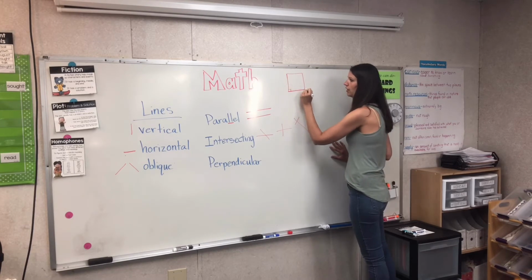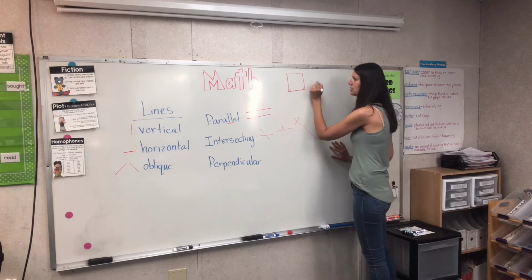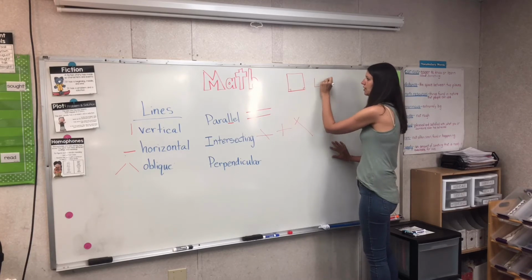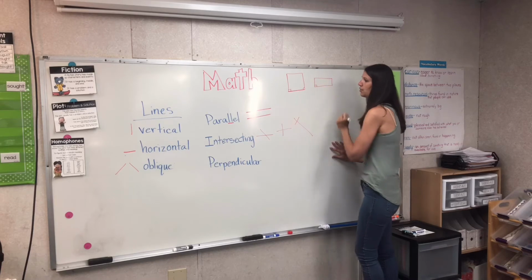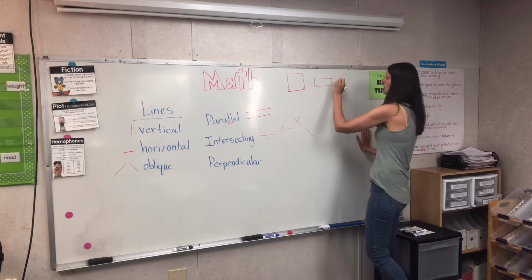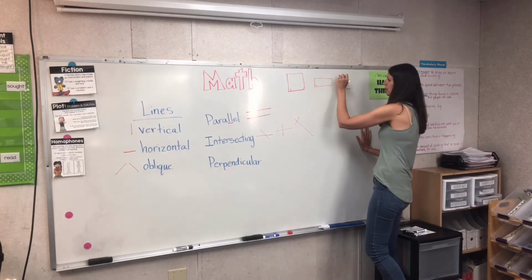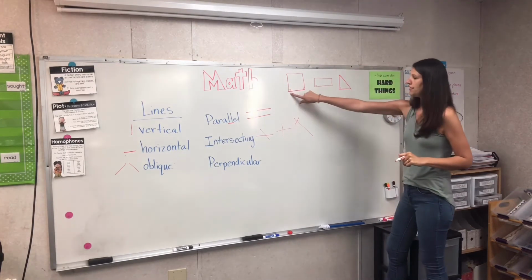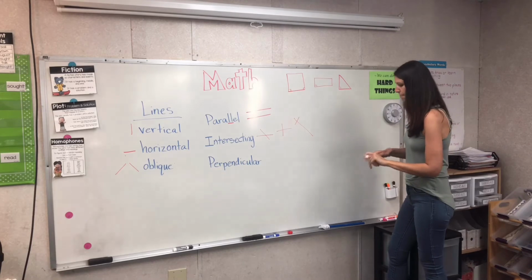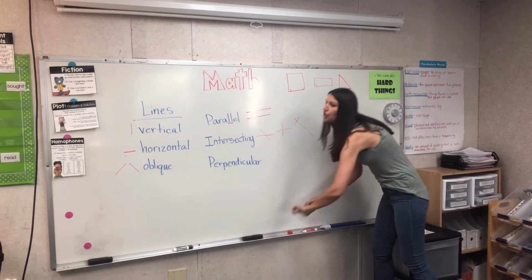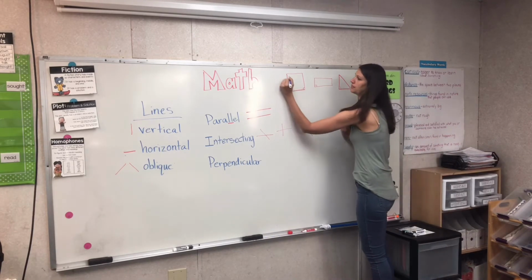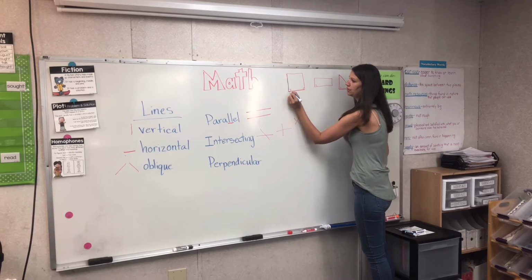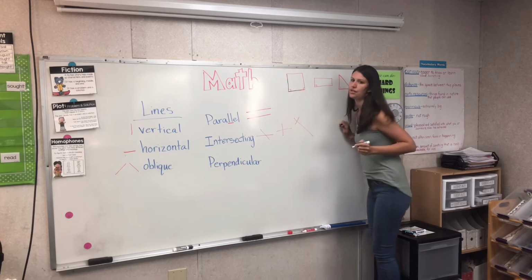So squares have right angles in the corners. Rectangles have right angles in the corners, and we can even have a triangle with a right angle in the corner. So all of these lines that meet each other at a right angle are perpendicular lines. So right here and right here, that's our perpendicular line.